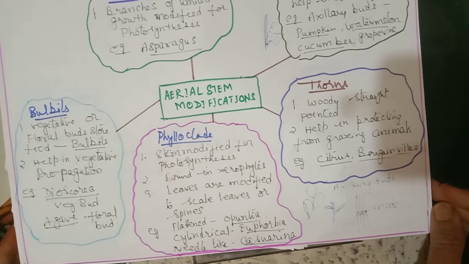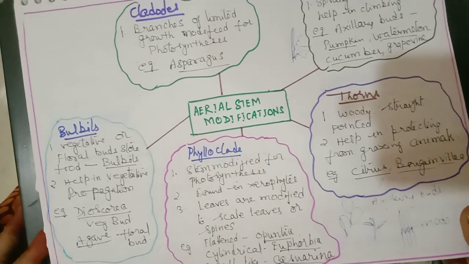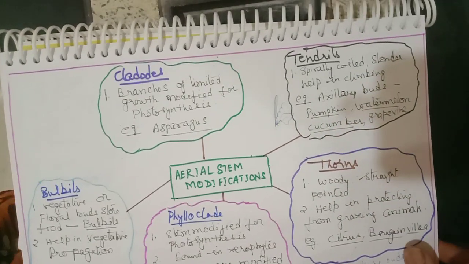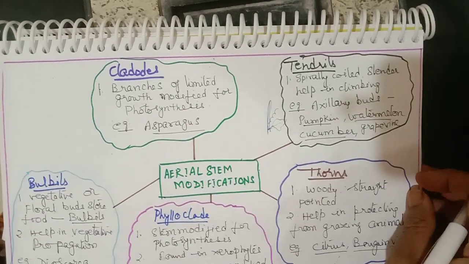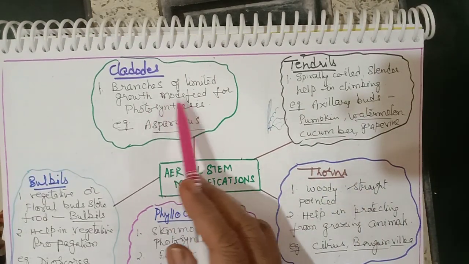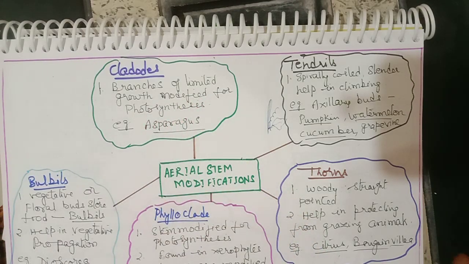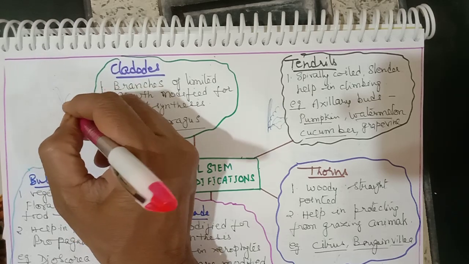Now the next type of modification, similar to phylloclades, is called a cladode. Cladodes are similar to phylloclades. These are branches of limited growth and they are modified for photosynthesis. Here only the branch develops into a cladode.